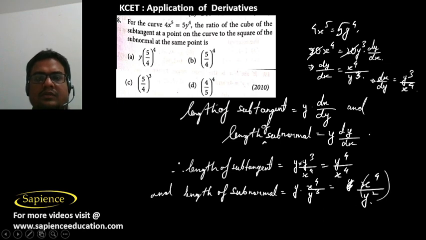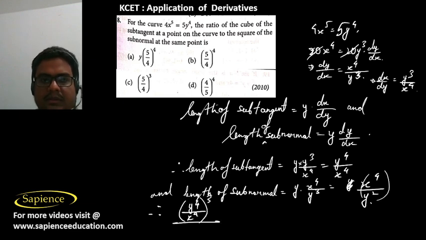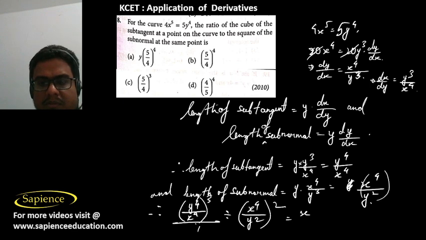Now it is told to find the ratio of the cube of the subtangent to the square of this subnormal. Cube of subtangent divided by square of subnormal. So this divided by x power 4 by y square, that will be y power 12 divided by y power 4 divided by x power 8.